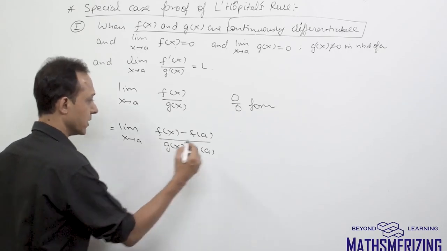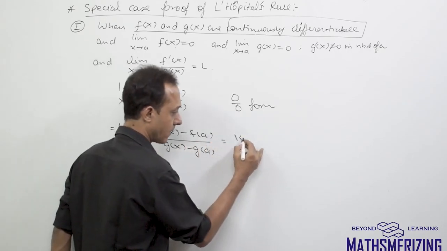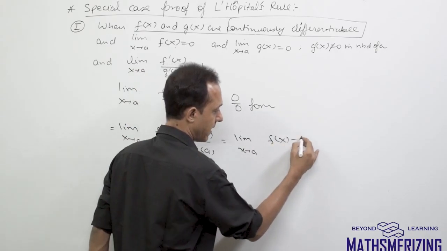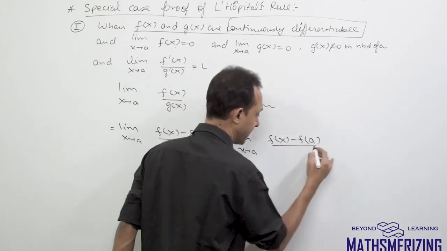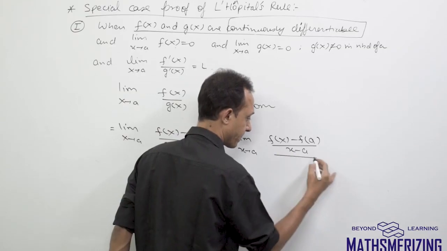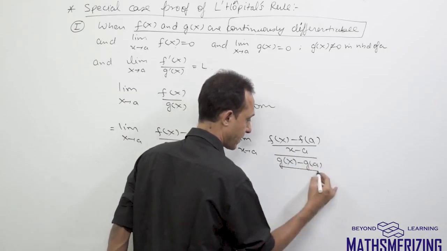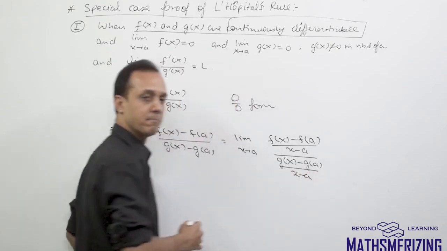Now what I'll also do is, I'll write it as limit x tends to a fx minus fa, divided by x minus a, and gx minus ga upon x minus a.